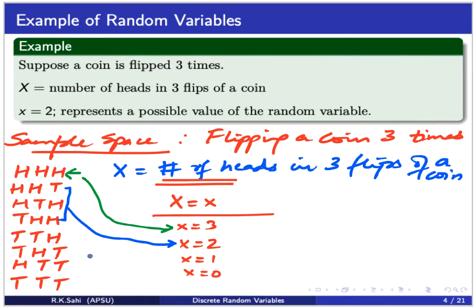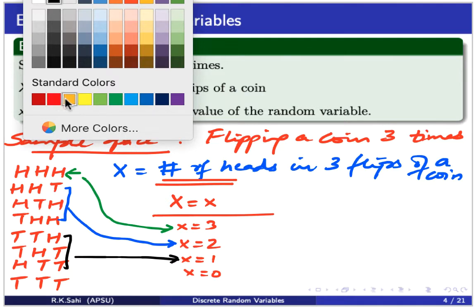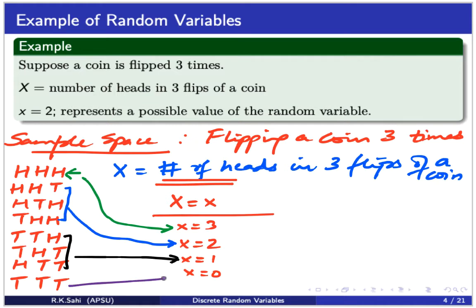Then when you flip a coin 3 times and get only 1 head, these 3 scenarios are represented by x equals 1. And finally, when there is no head appearing, x equals 0 is represented by the 3 tails. So the whole sample space is written in such a short form, which is captured by this x.